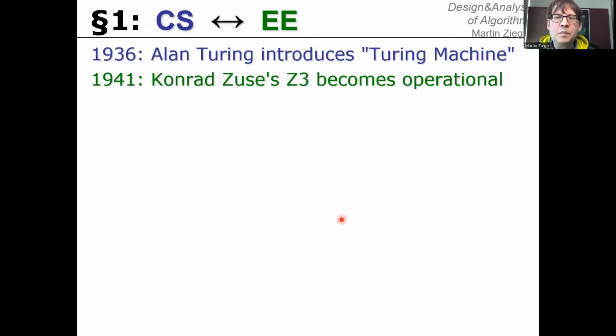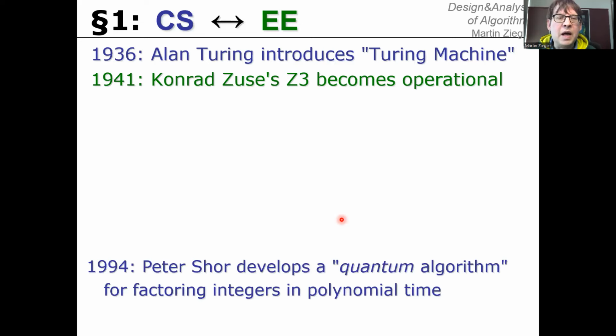Another example is quantum computing. In 1994, Peter Shor developed what we nowadays would call a quantum algorithm, and he demonstrated that this quantum algorithm can factor integers in polynomial time, which no Turing machine or other classical digital computer is known to be able to.